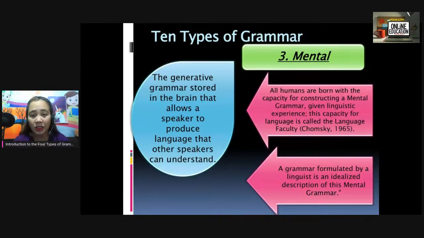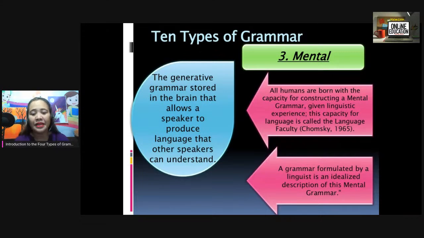Given linguistic experience, this capacity for language is called the language faculty. Diba naalala nyo, the child has a space in the brain or the baby has a space in the brain to learn the language on its own. And then, sabayan na ng influence or sabayan na ng experience and the learning will be enhanced.